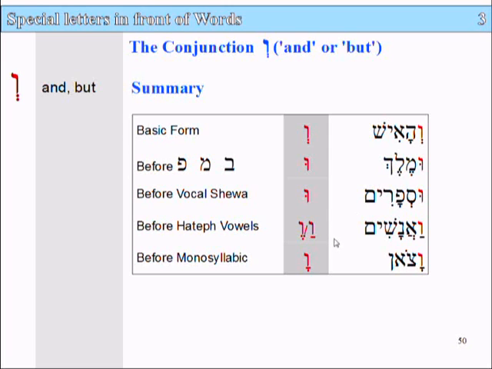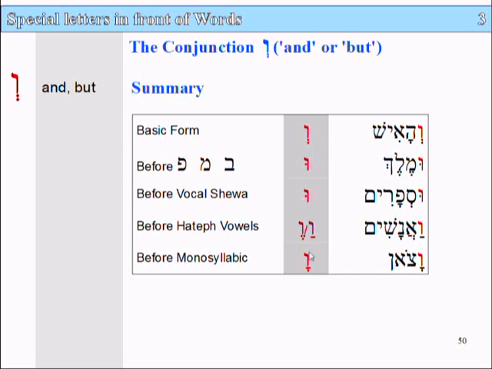Before hatef vowels, that's vowels with the two dots and the kametz or the segol, etc., in front, it takes on the lengthened vowel sound. So anashim becomes va'anashim.